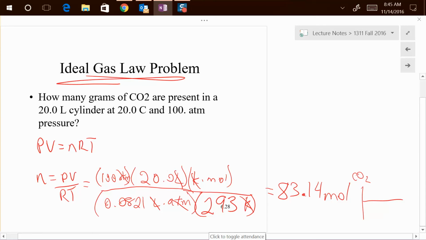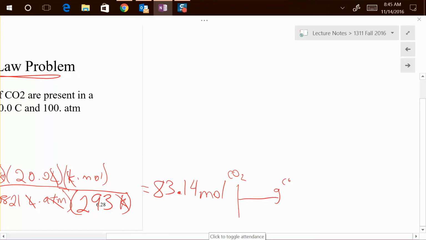Now I need to convert the moles of carbon dioxide to grams of carbon dioxide. So there's 44 grams for every one mole. Does everybody know where I got that 44 from? Okay, periodic table. Find the mass of carbon and 2 oxygens: 32 plus 12, and you'll get your 44 grams.